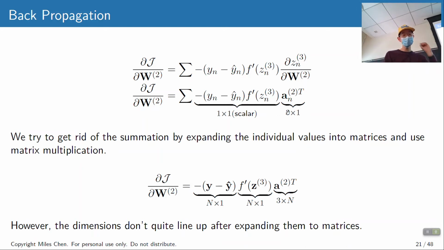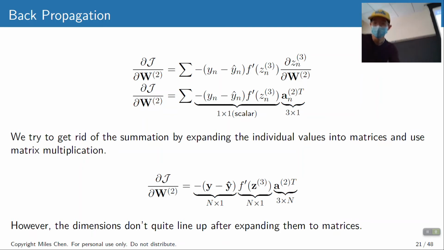Okay? And what we really want, if we think about this, is, if you think of what dj is with respect to W2, right now it's the summation of each of these things.